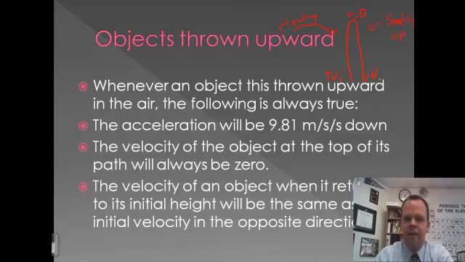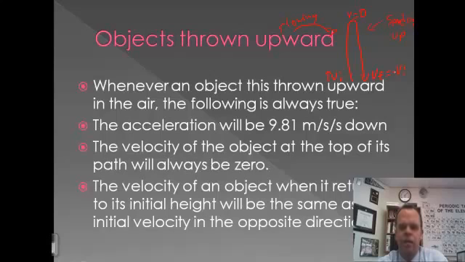It will reach a final velocity that is the opposite of the initial velocity when it gets back to its original starting height. So whenever you throw something up into the air, if it starts at say 10 meters per second, it will decrease that velocity until it gets to 0. 0 will be the highest point, and then it will pick back up that velocity, increasing in velocity, now going down, so being negative if we make up positive.